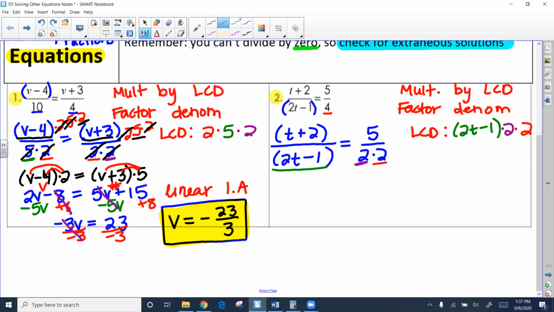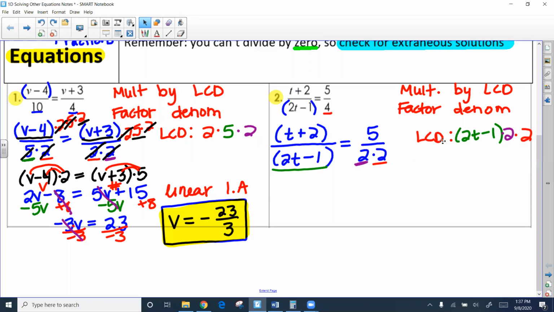So just like the previous problem, once we have our common denominator, I need to multiply everything by that common denominator. So I need to multiply this side by 2t minus 1 times 2 times 2, which means I also have to multiply the right side by 2t minus 1 times 2 times 2.